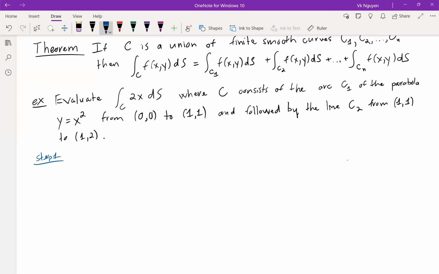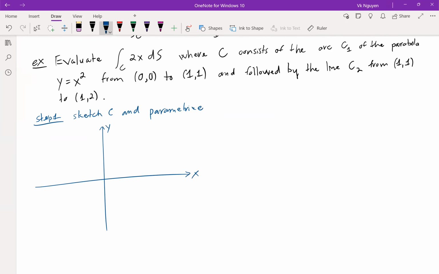Sketch C and parameterize. C1 goes from (0,0) to (1,1). It's a parabola.